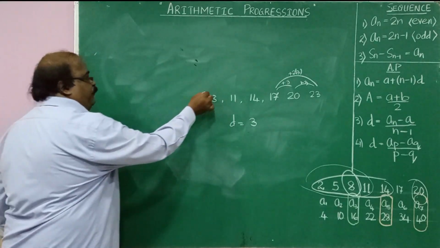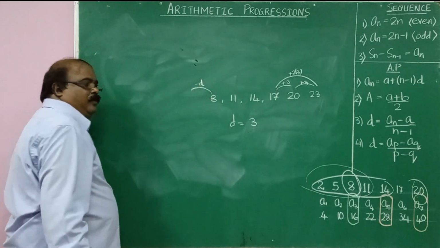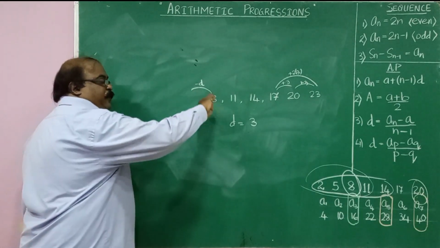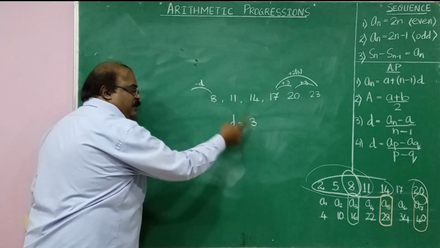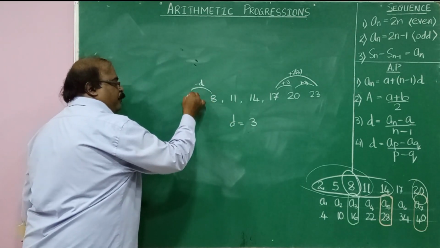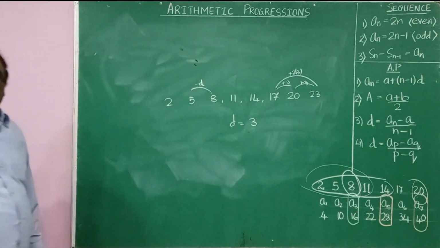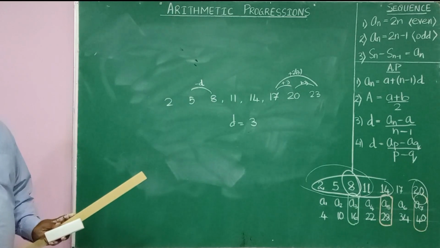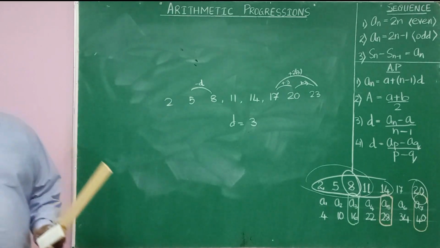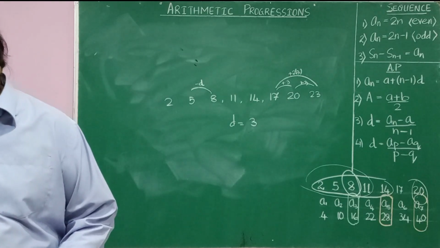If I ask you what is the previous term, this time I have to subtract D. If I want the next term, add 3; here I will get minus 3. What is 8 minus 3? 5. What is 5 minus 3? 2. So is the concept clear? If I want the next term, add D. If I want the previous term, I have to subtract D.